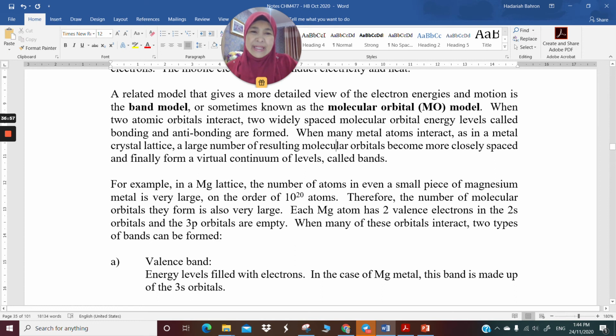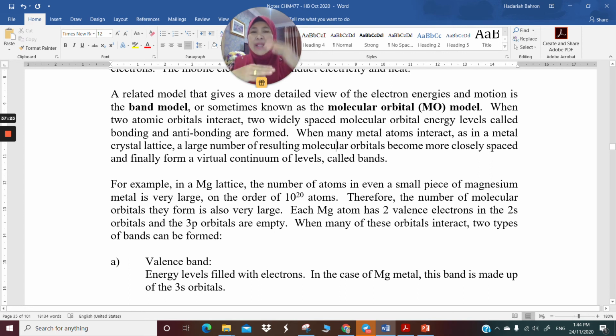Two widely spaced molecular orbital energy levels, called bonding and anti-bonding, are formed when two atoms interact. In a metal crystal lattice, a large number of resulting molecular orbitals become more closely spaced, and they finally form a virtual continuum of levels called a band.